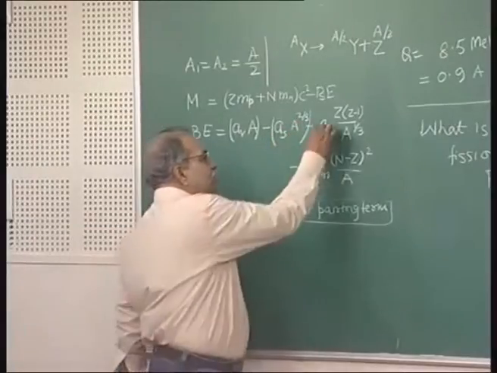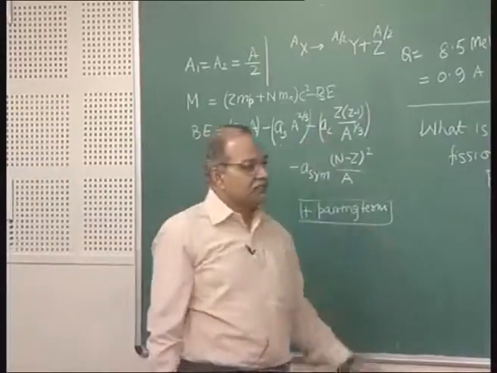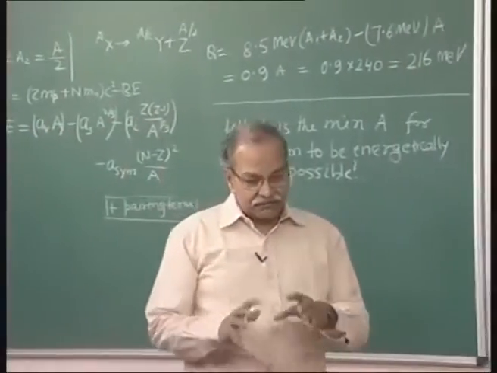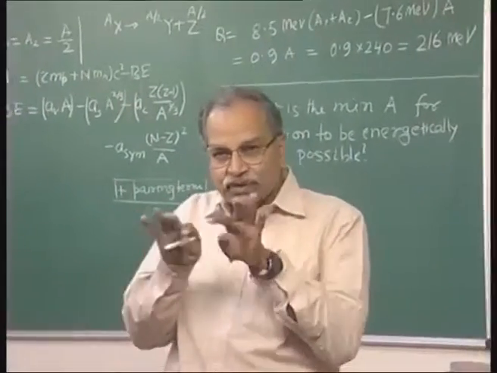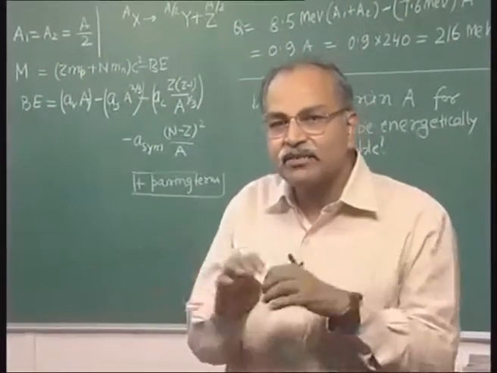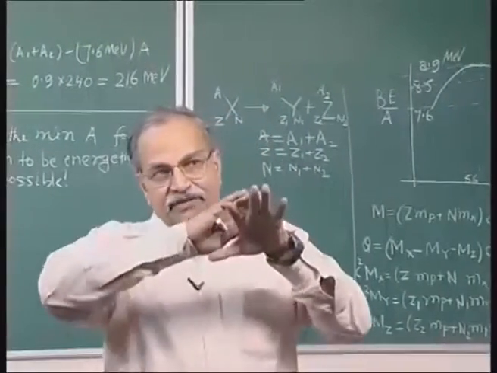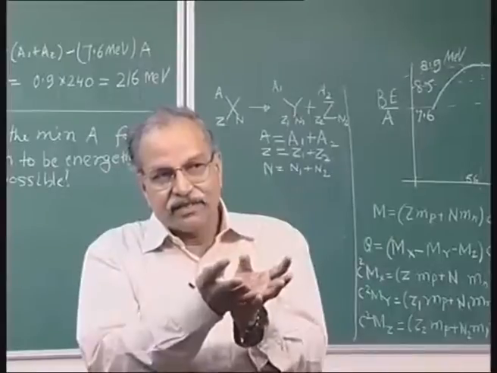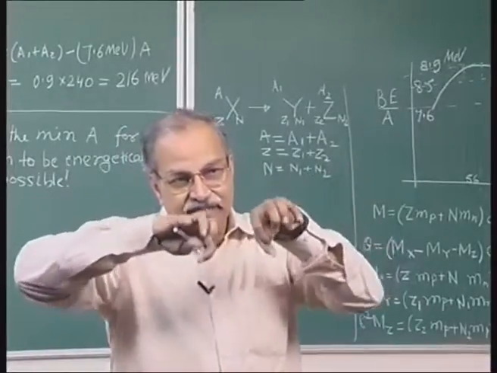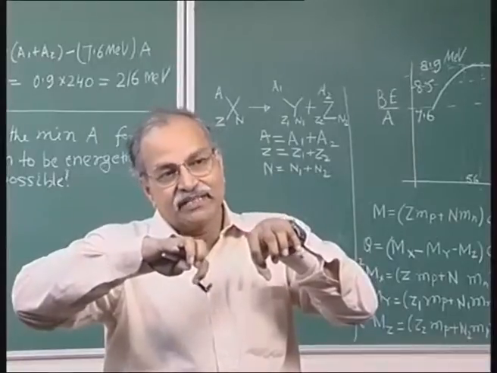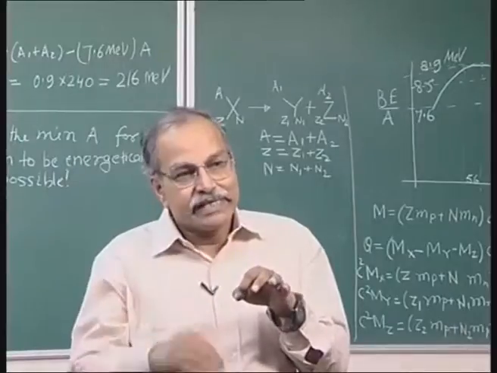And the Coulomb term here: if you are separating it out, you are making it 2. So, essentially you are increasing the separation between protons on the average. If all protons are in one sphere and then you split that and make 2 different spheres, at the end of it the Coulomb potential energy is going to decrease.